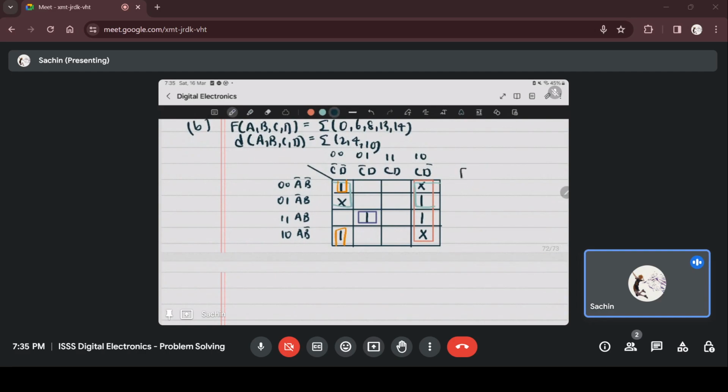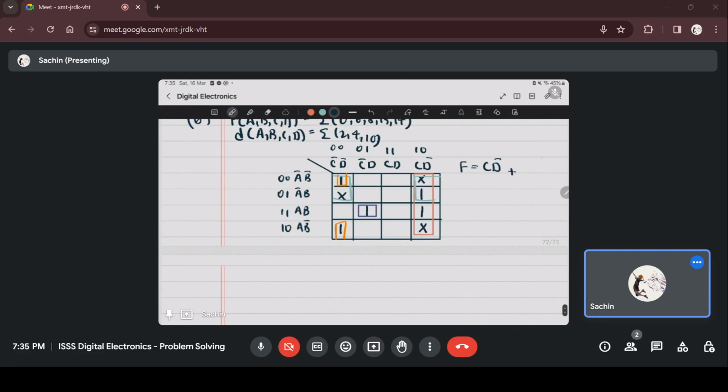So the simplified expression is CD bar plus A bar D bar plus B bar C bar D bar plus A B C bar D.